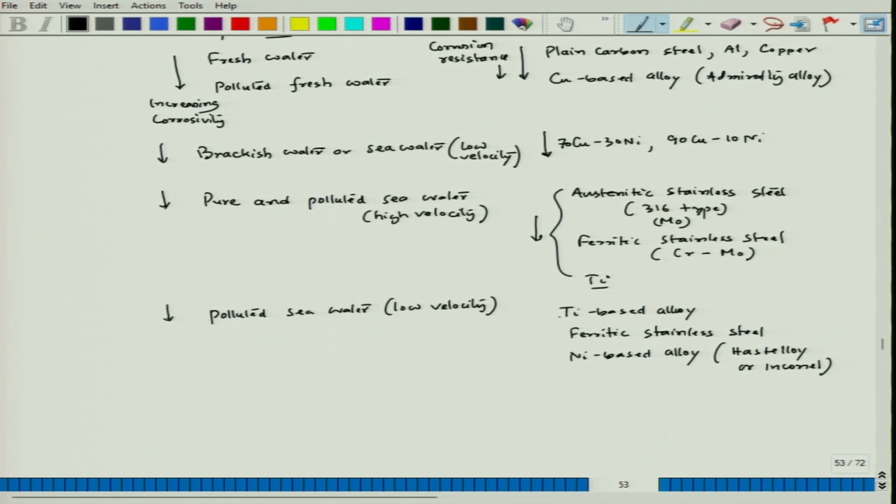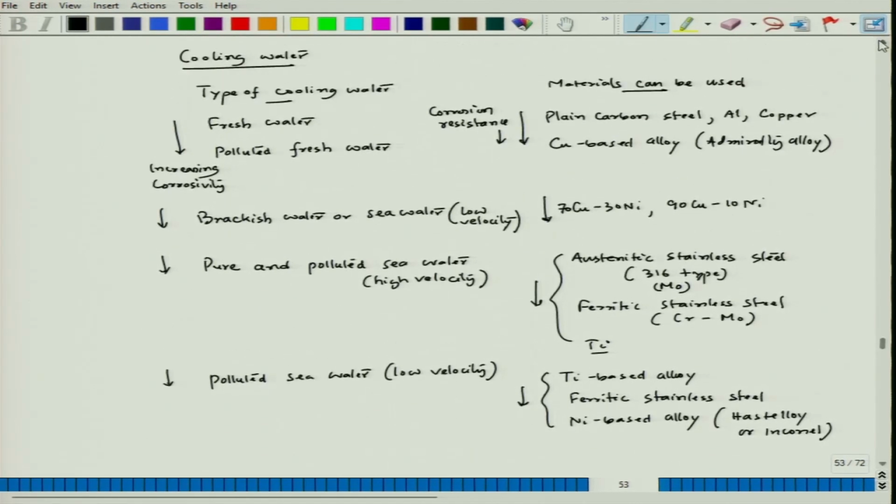So, these alloys again the corrosion resistance further increases, and as you see that if we want to use these material, this the last cadre which is having the maximum corrosion resistance, for the first cadre of solution with the lowest corrosivity, it does not justify the use because the cost would go up, fabrication would be much high.